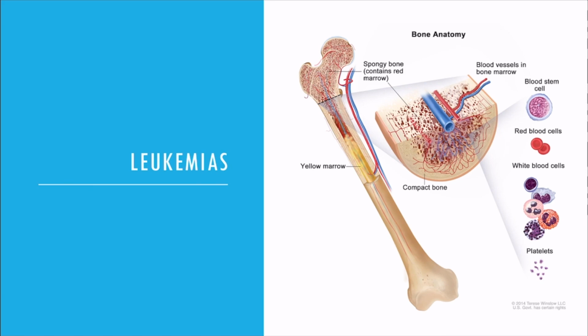So the big problem with this is that when the bone marrow becomes overcrowded, it is going to disrupt the normal function of bone marrow. So because it's making so many abnormal cells, we're now going to make the bone marrow worse at making the other cells that it's responsible for.